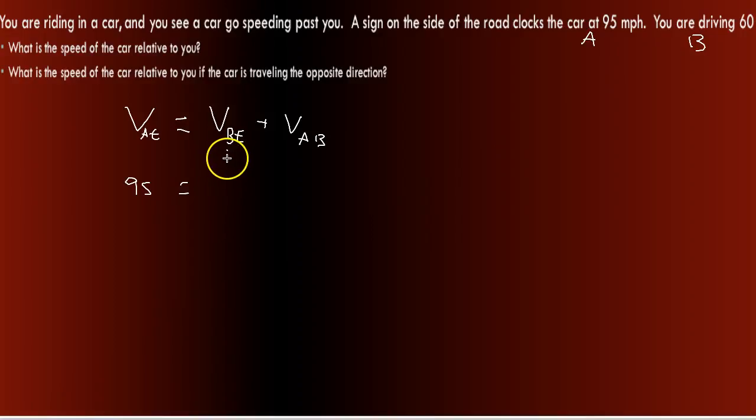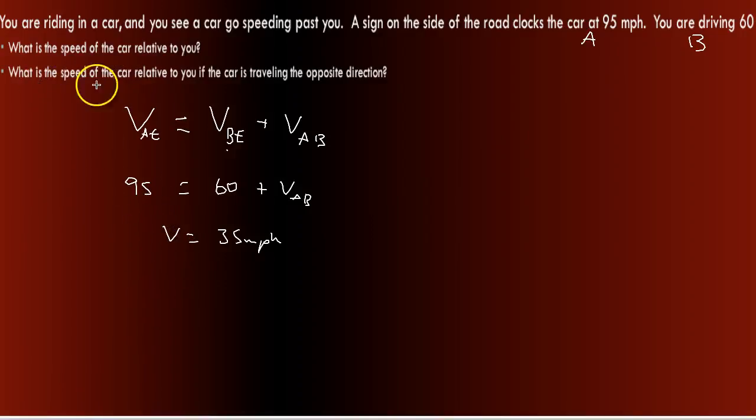Car B has a velocity relative to the Earth of 60 miles per hour. And so the velocity of A relative to B, we subtract that over and get 35 miles per hour. So they're going away from you at a rate of 35 miles per hour. If you kept those speeds up for an hour, after 1 hour they would be 35 miles ahead of you. That's basically how it goes.